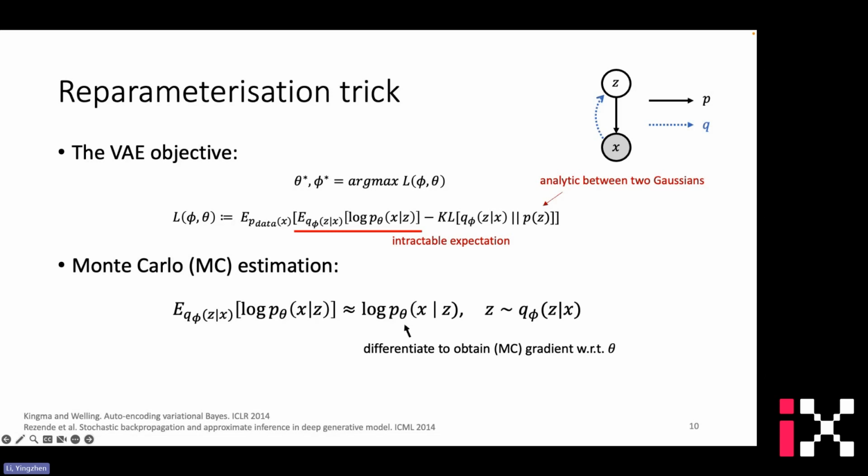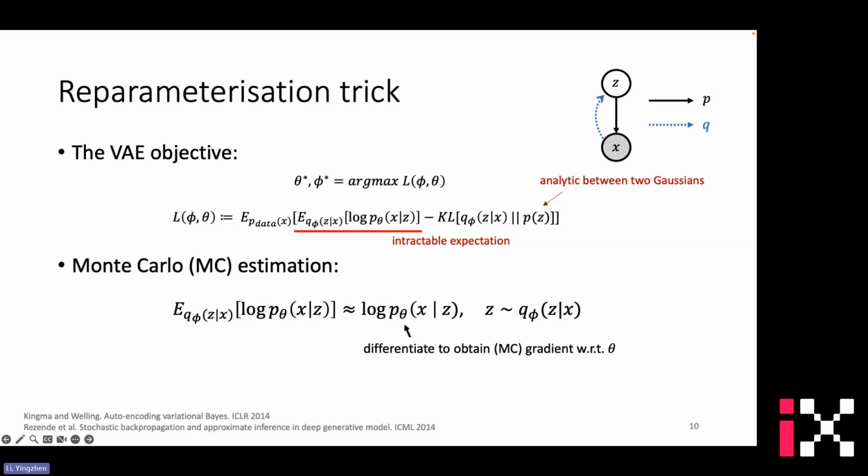So I get a sample from the Q distribution, which is doable because you have a Gaussian distribution. We will talk about how to do it later. Once you get this Z variable, you plug it through your decoder, passing it only once, and then evaluate the corresponding Gaussian distribution. So I can compute this term.